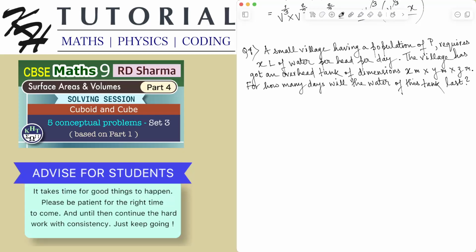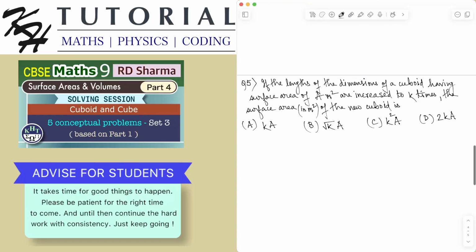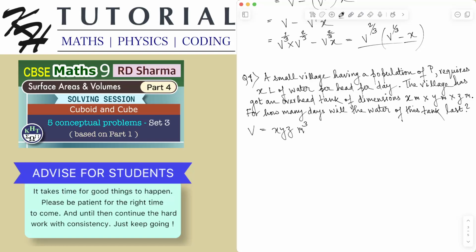The volume of the tank is XYZ, and there are no choices. I forgot to give the choices anyway. So the total amount of water the tank can contain is XYZ meter cube.